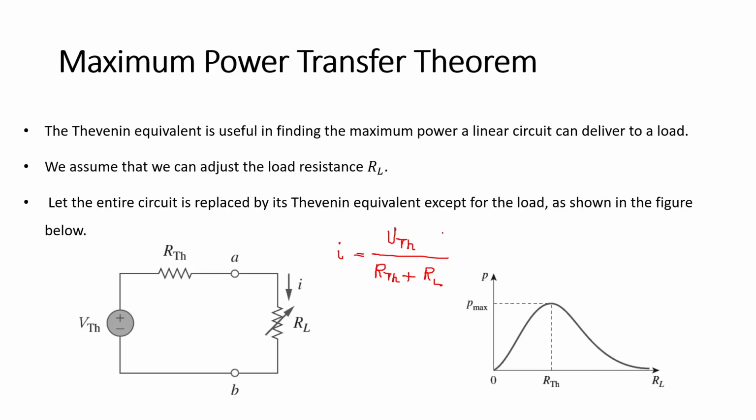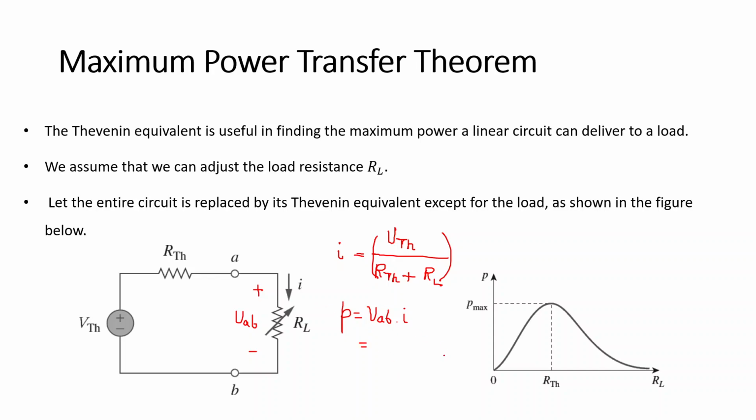Now what will be the power flowing through the load? The power flowing through the load is this voltage VAB into I. What is VAB?